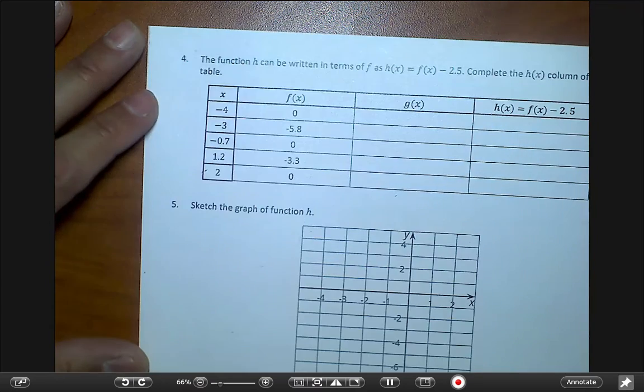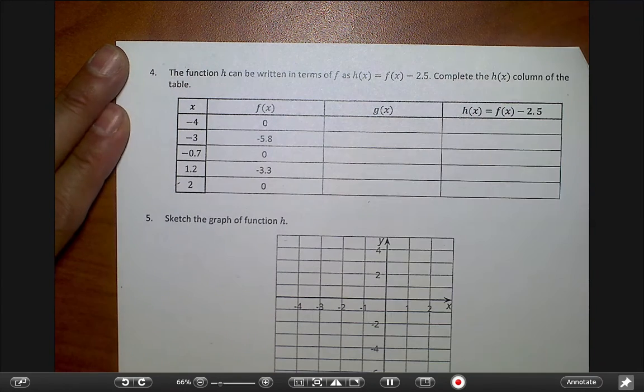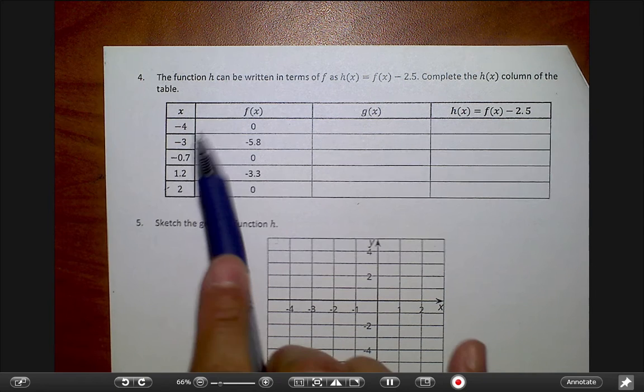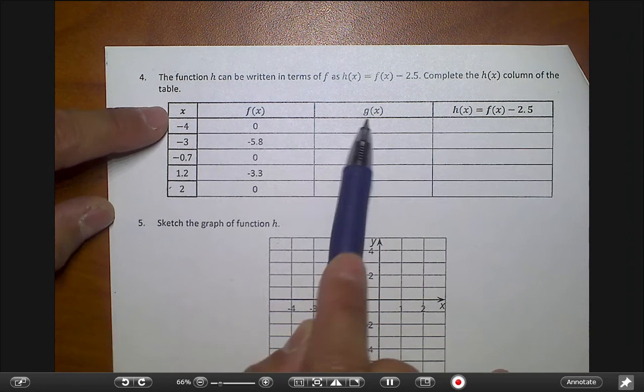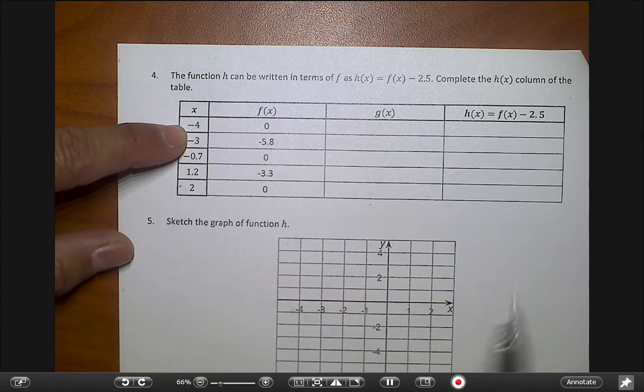Okay, so let's go through. So this is a table that we filled out already, but we did it on the points. So for g of x, when x was negative 4, you could flip back and forth on your page.